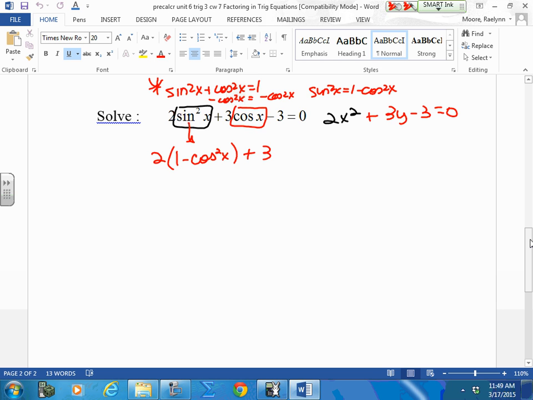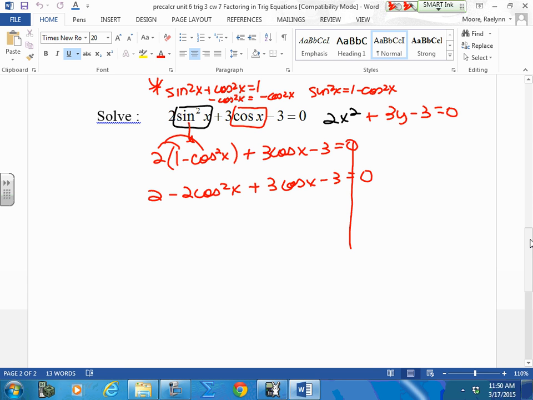I got to keep the rest of my equation. So now everything will be cosine. Unfortunately, we have to collect like terms and do what we need to do. So we've got 2 minus 2 cosine squared x plus 3 cosine x minus 3 equals 0. Put a line down that equal sign first, because you have to collect the terms on one side.